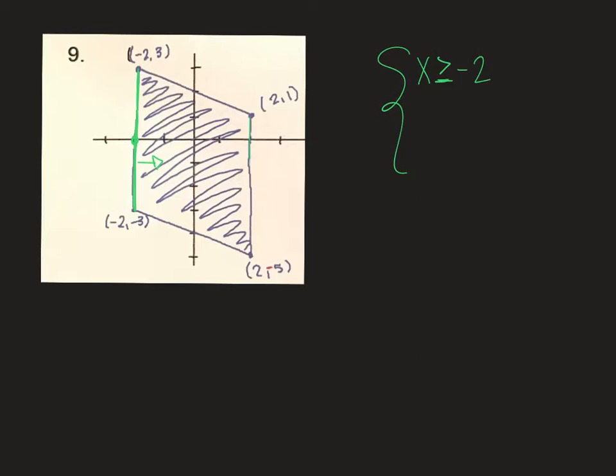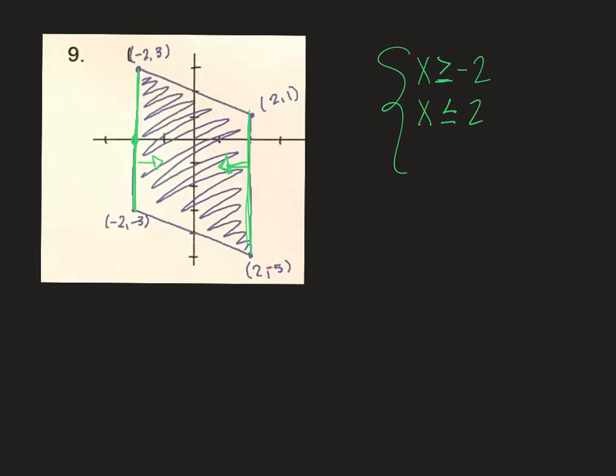We have another vertical line here at x equals positive 2. It's solid, so it's going to have the or equal to, but it's shaded to the left. So to the left, x values get smaller. So x is going to be less than or equal to positive 2.